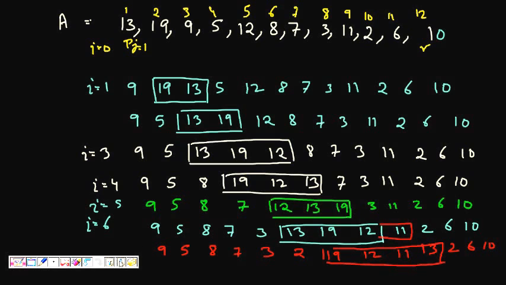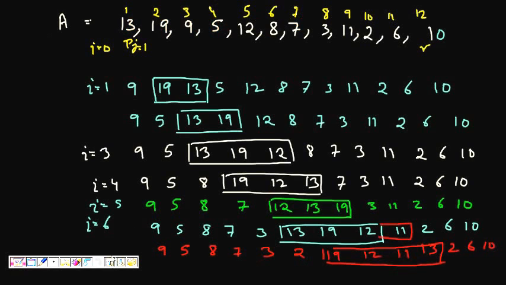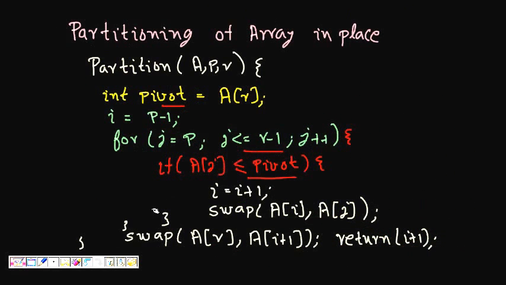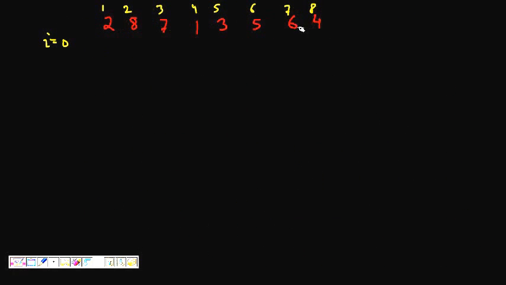Let's see it first with an example, which will make it more clear. We have the indices 1 2 3 4 5 6 7 8. Initially i is 0, and j starts from p and goes till r minus 1, which is 7.